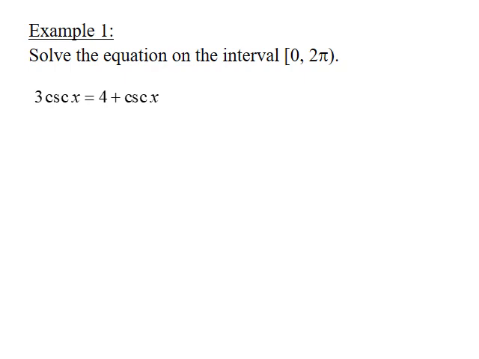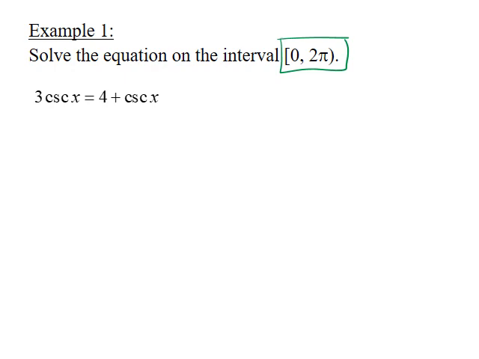Here is our first example. It says solve the equation on the interval 0 to 2 pi. So this is what you're currently familiar with, just solving an equation with one revolution. Okay, so let's just jump into solving this. Now looking at this, I see that it's the same trig function, which is great. It's cosecant throughout, which is helpful.